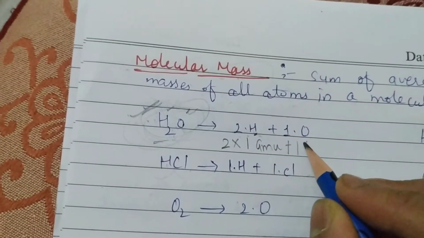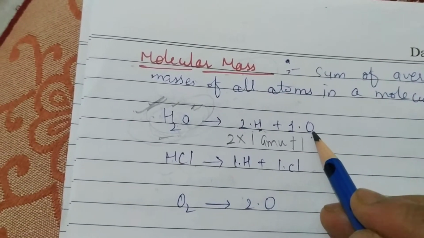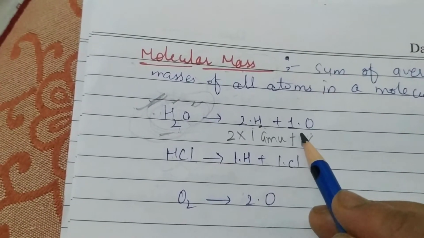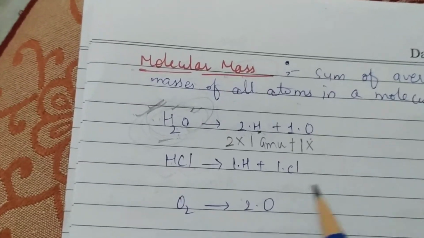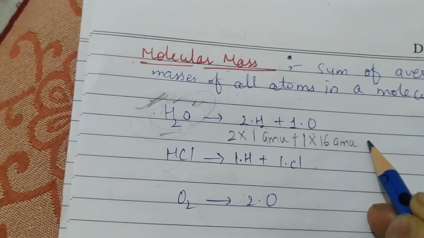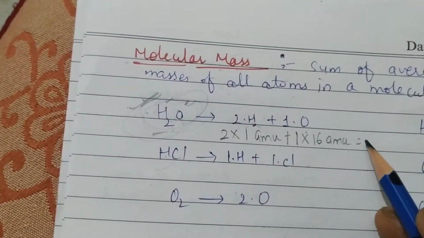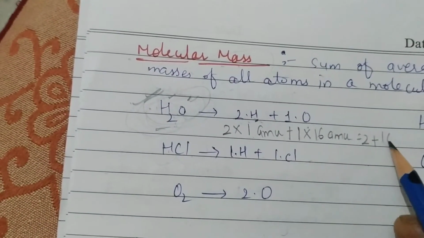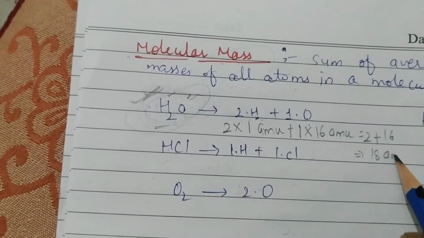Likewise, how many atoms of oxygen here? Only one atom of oxygen, and multiply it by the mass of oxygen. The mass of oxygen is 16 AMU. What we will get? 2 into 1, 2, plus 16 into 1, 16. So we will get 18 AMU.